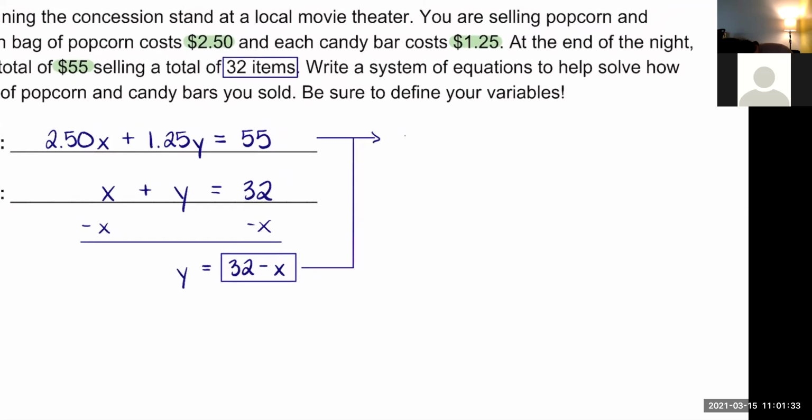So what that would look like is we'd have 2.50X plus 1.25, but instead of Y, I'm going to drop in my parentheses, fill it with the 32 minus X, close the parentheses, and write my equals 55.